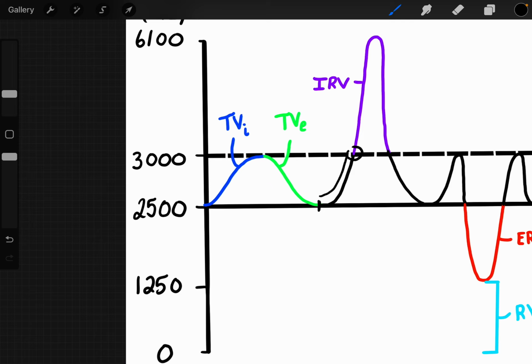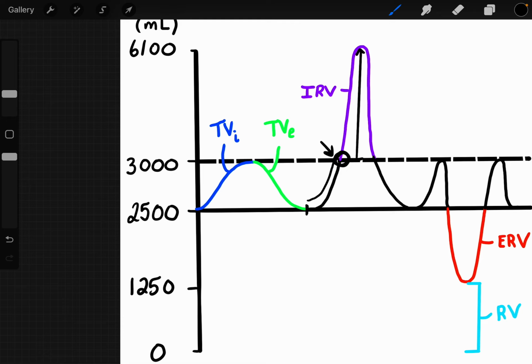And then we'll consider this part that I'm circling right here as our start point for breathing in really deep. If you measure up on this chart the same way we just did, up to the top of the purple, that's what we're going to call inspiratory reserve volume.